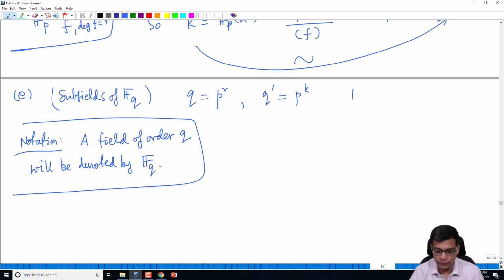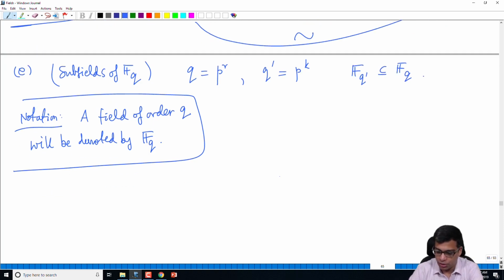So now I am interested in subfields of Fq. Suppose Fq prime is contained in Fq. That means if you draw the picture, we have Fp, Fq prime, Fq.